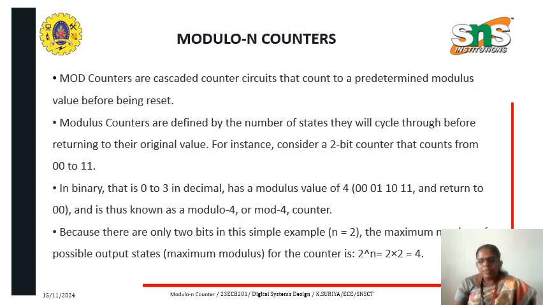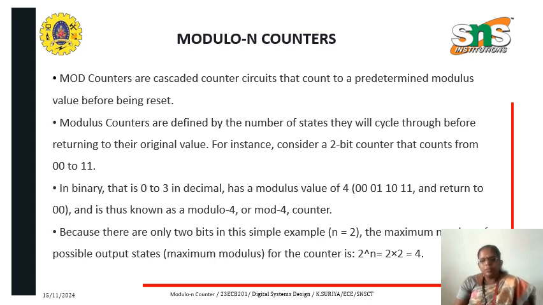Mod counters are cascaded counter circuits that count to a predetermined modulus value before being reset. Modulus counters are defined by the number of states they will cycle through before returning to their original value. For instance, consider a 2-bit counter that counts from 00 to 11.